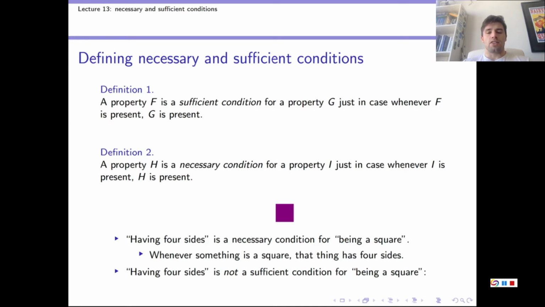And to check that, it's enough to come up with a counterexample, so to come up with something that has four sides but is not a square. And there are lots of things that have four sides but are not a square. A rhombus is one. So it's not the case that whenever something has four sides, it is a square. So having four sides is not a sufficient condition for something's being a square.